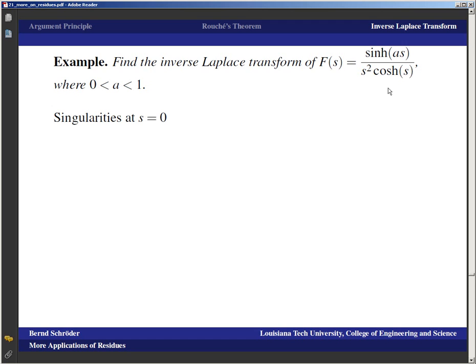Okay, so what can we do here? Well, it's a good exercise in, again, using the residue theorem and the theorem that led to this inversion theorem for the Laplace transform. We find the singularities there at s equals 0, where we've got a pole of order 2, and at s equals i times pi over 2 plus pi n. That's something that we know about the hyperbolic cosine function, right?